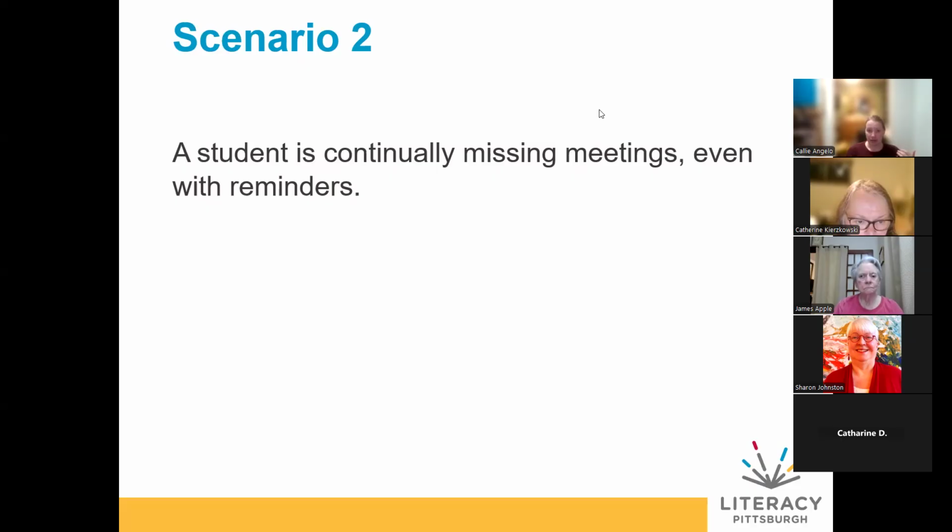We cannot get around that buy-in piece, that engagement piece from the universal design for learning. It has to be the foundation. So when we're talking about something fundamental like this, that you can't even get your student to consistently meet with you, we need to make that a collaborative conversation, even if we are reasonably sure of what's going on.